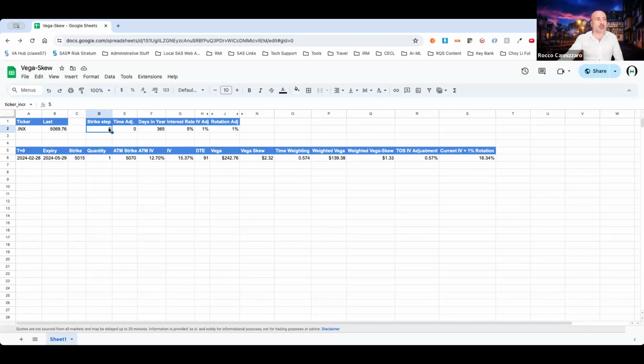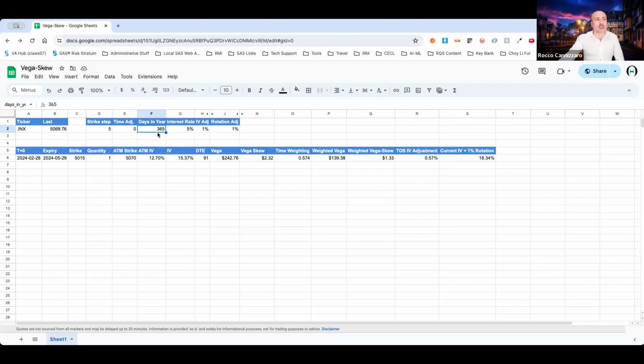If you're looking at SPX, the difference between two consecutive strikes is $5. But if you're doing, for example, Apple or any other underlying, the strike step might be just $1 between each strike. So you may want to adjust that depending on which underlying you're looking at.